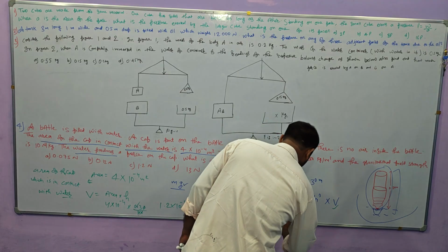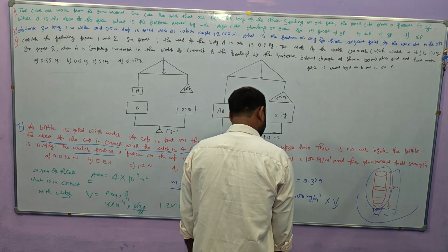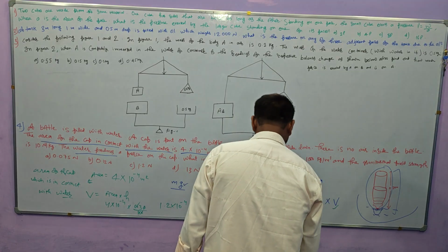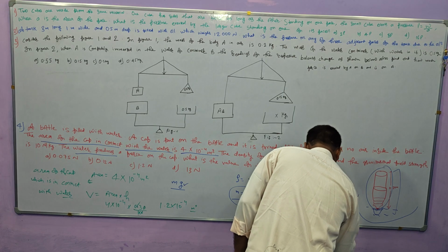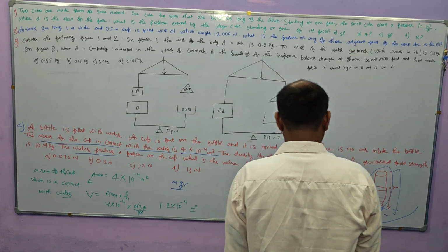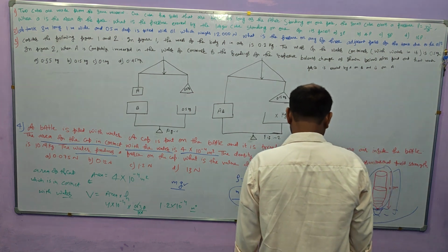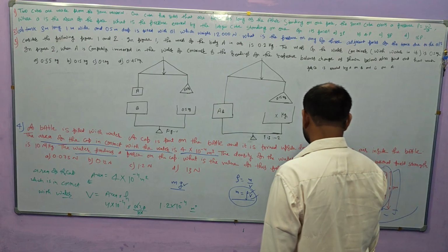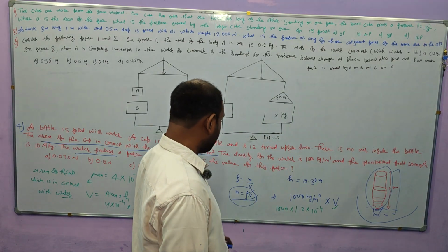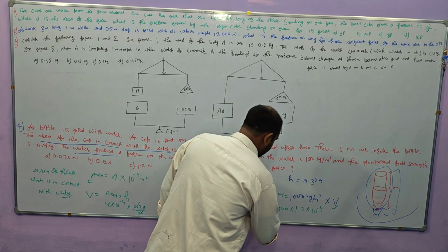So 1000 into 1.2 into 10 to the power minus 4, that becomes our m, basically the mass.